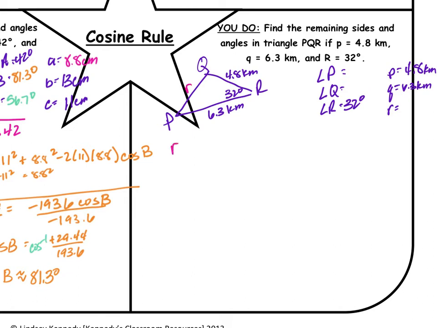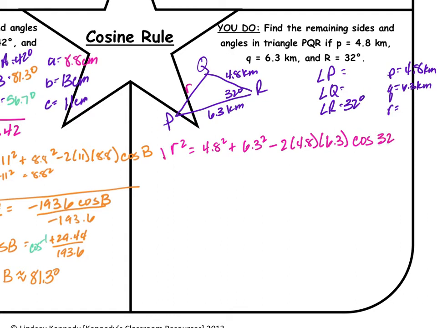So R squared is going to be equal to 4.8 squared plus 6.3 squared, my other two sides squared, minus 2 times those sides, 4.8 times 6.3, times the cosine of my angle, which is 32.